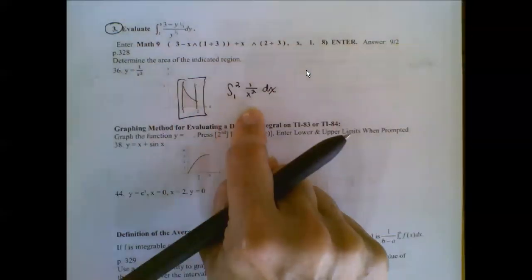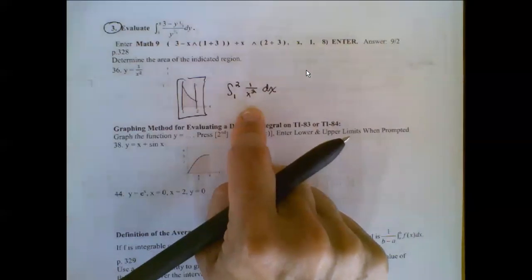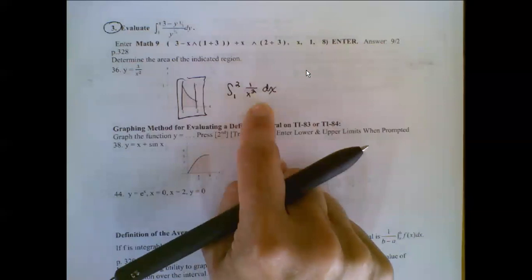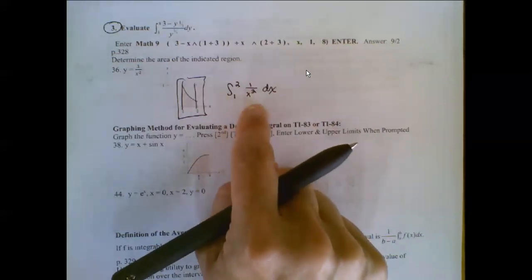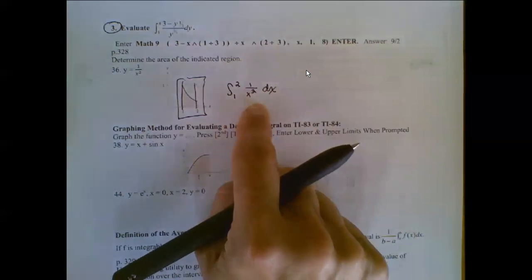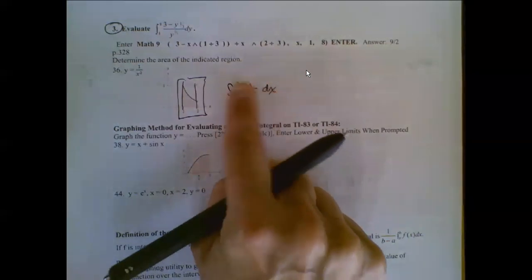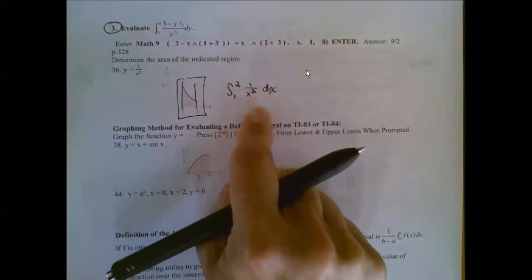If I just say find the area and I don't say exact value, then you can punch that on the calculator. If I said find the exact value, then well, actually for algebraic functions, your calculator would still give you an exact value. But if you didn't have a calculator, you could evaluate that by the fundamental theorem of calculus.